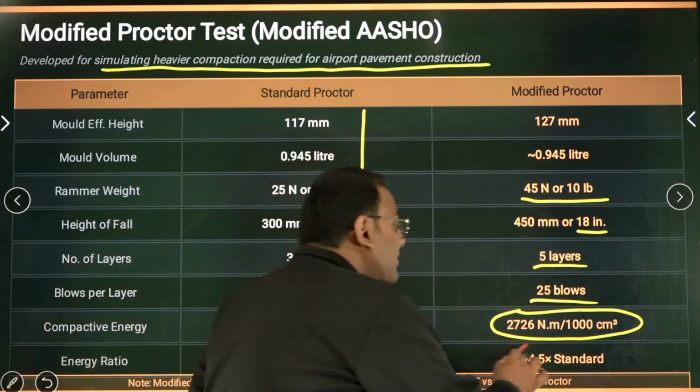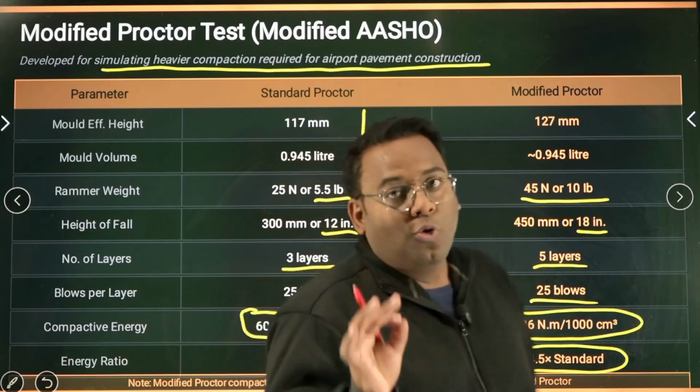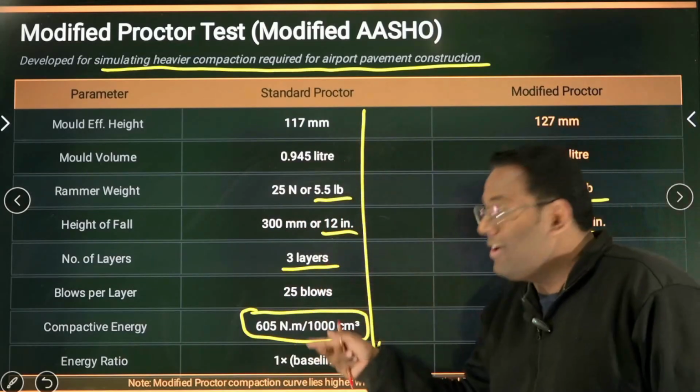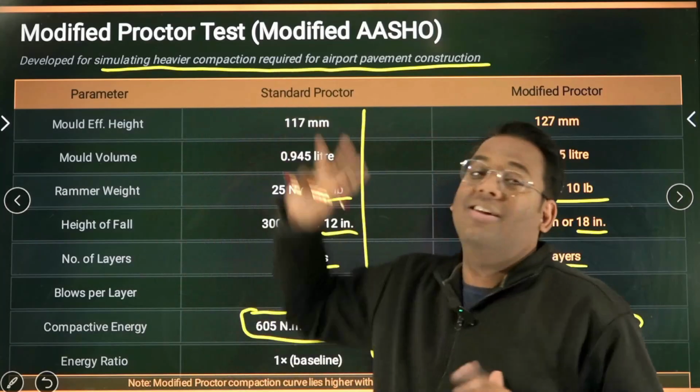So this factor is important, and you should remember that in the modified test you take a compactive energy with a multiple of 4.5 with respect to the standard test.